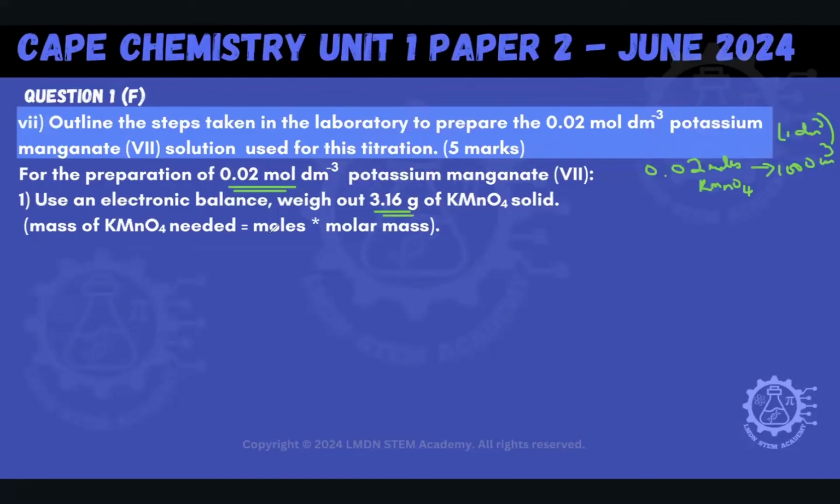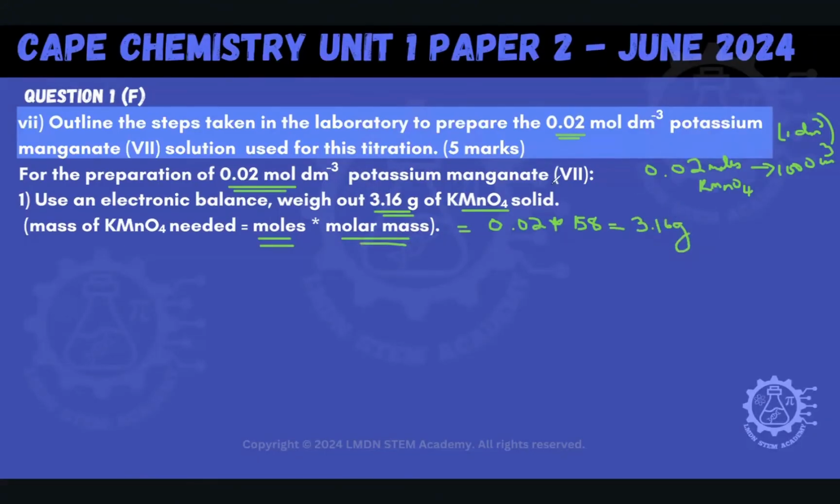Well, the mass is equal to the moles that you're going to need times the molar mass of KMnO4. The moles that you're going to need, we already established from here because they told us that we need that many moles in 1,000 cm³. So the moles that you're going to need would be 0.02 times the molar mass, which is 158, the molar mass of KMnO4. When you multiply those two numbers through, you come up with a value of 3.16 grams, okay?